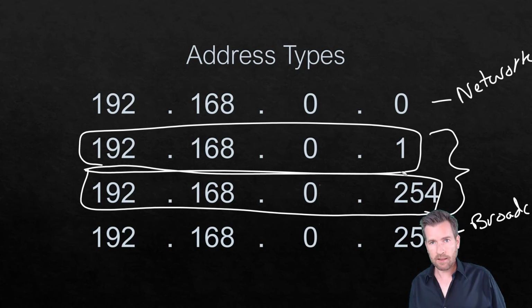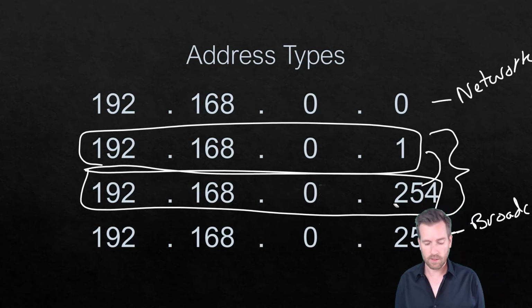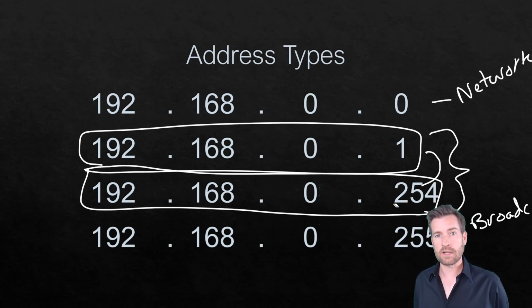And so then all of the addresses assigned to the machines will just count up in between there. So 1, 2, 3, 4, 5, those are all assignable to machines within this 192.168.0.0 network.